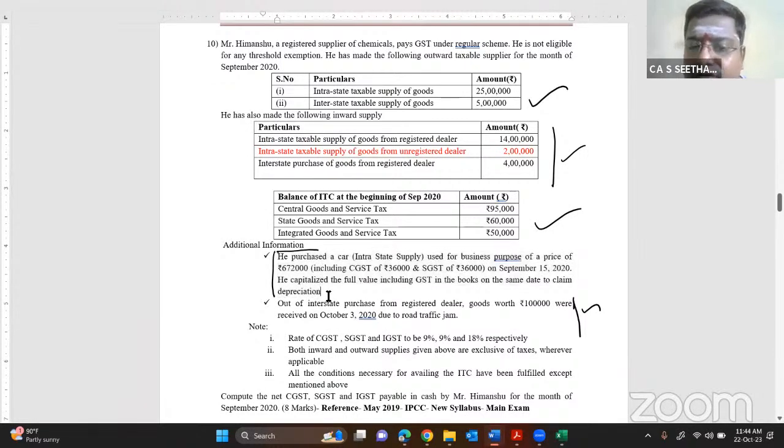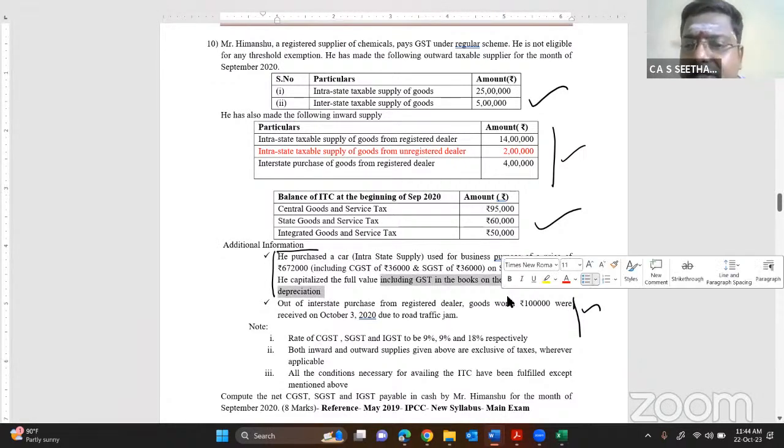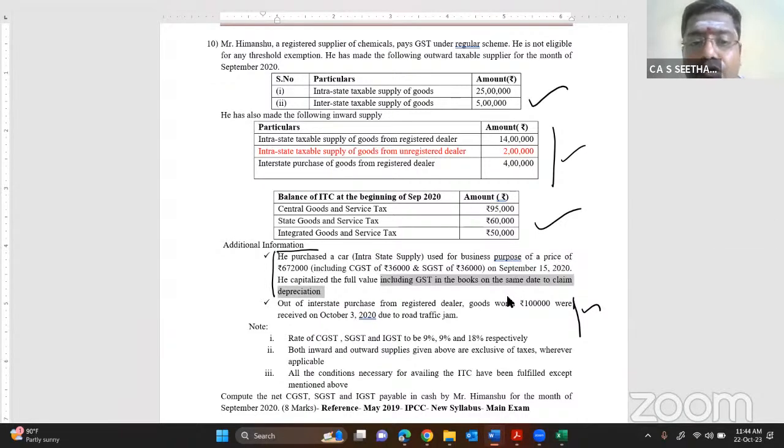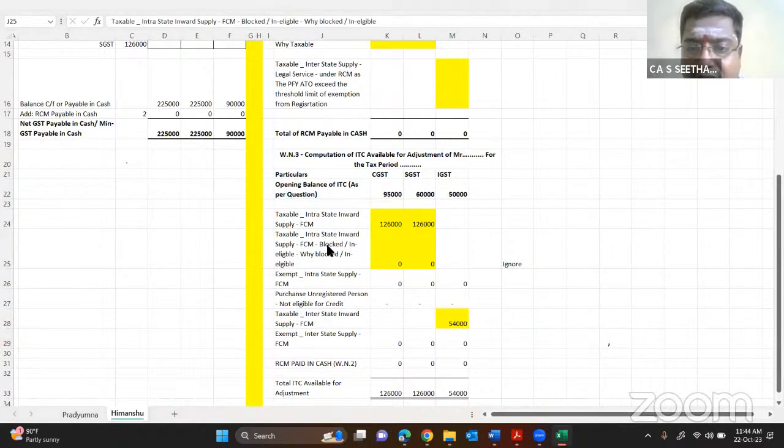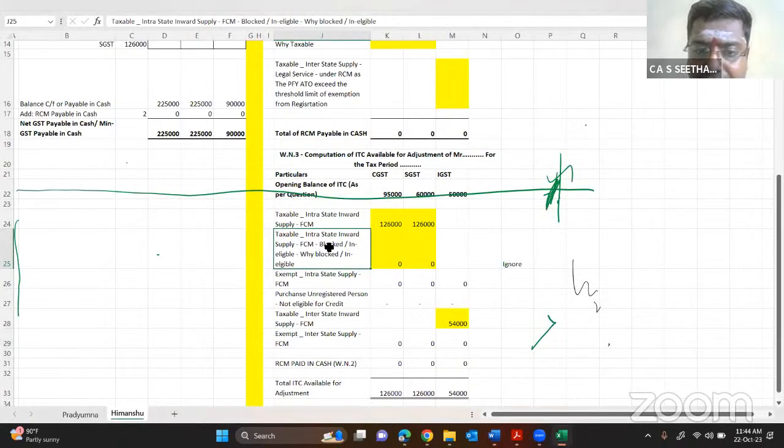And car means we assume that it is 13 seats or less. It is not used for the specified purpose. And more importantly, it is capitalized in the books of accounts for claiming depreciation. So we have already seen that if something is capitalized, you should not actually claim. So it's a blocked credit. So we should write an explanation. Intra or inter, it's an intra only.